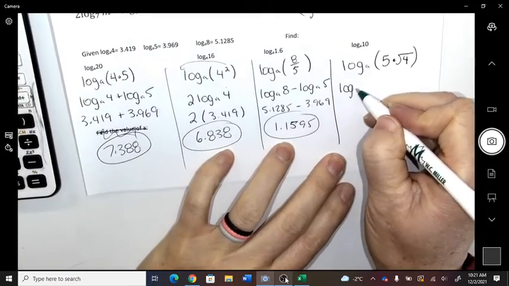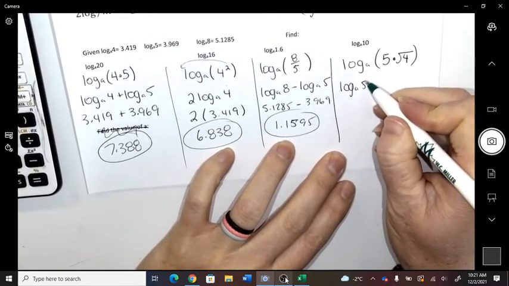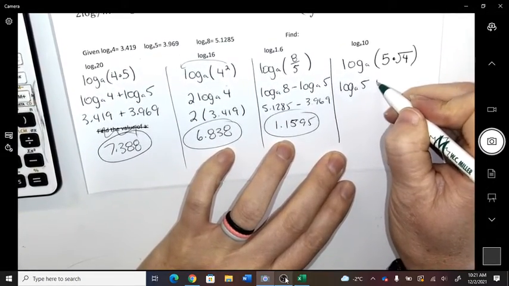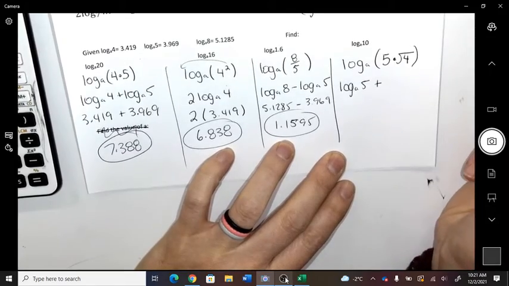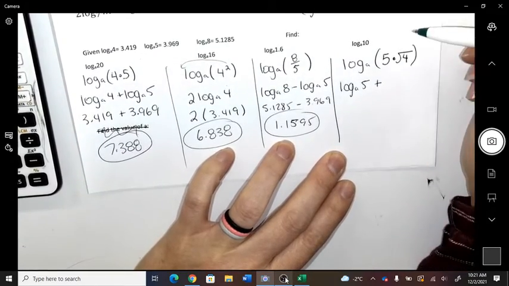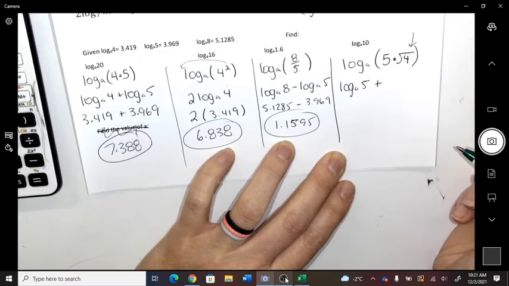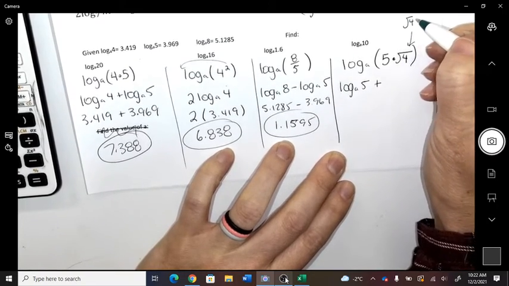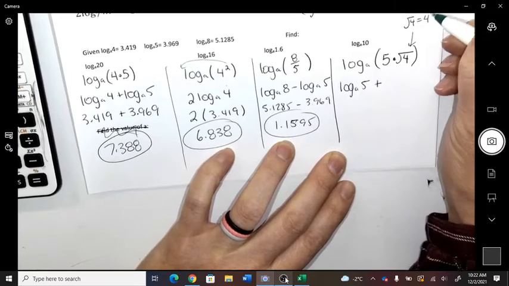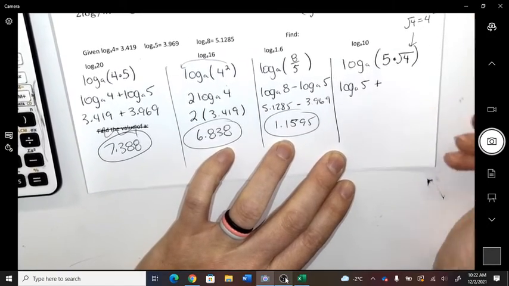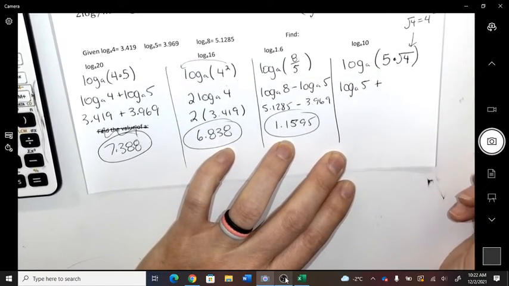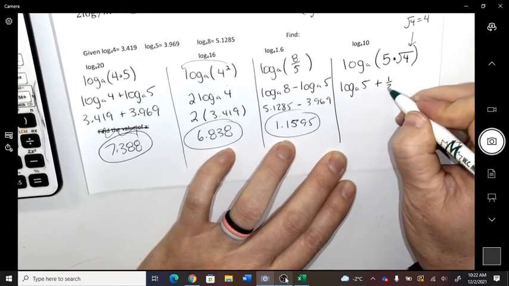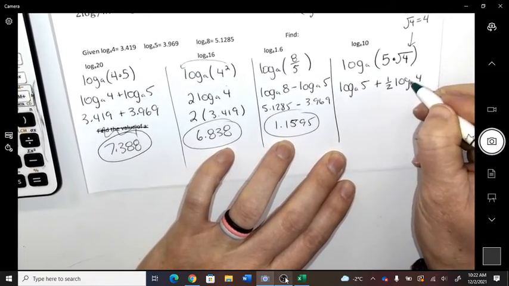So log 5, that would be a plus. How do you do the square root? Do you remember? Square root of 4 is the same as 4 to the 1/2. So now this is going to become a half log 4.